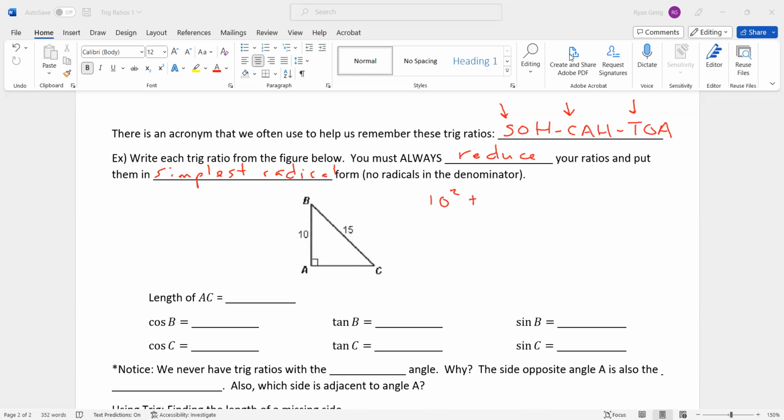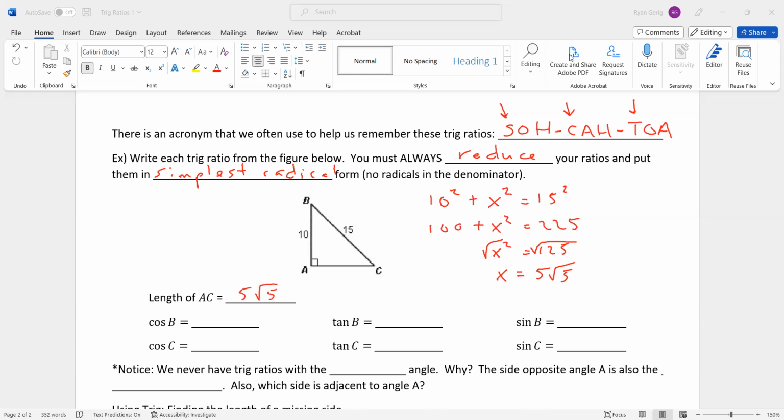So 10 squared plus the missing side squared equals 15 squared. So that's 100 plus x squared equals 225. Subtract 100, I get 125. You did this plenty in first semester, so I'm not going to spend any time talking about what the square root of 125 is. It is 5 radical 5. So the length of AC is 5 radical 5.